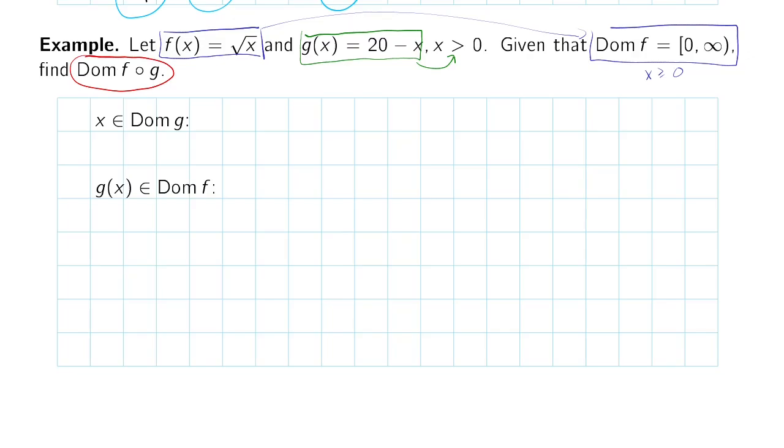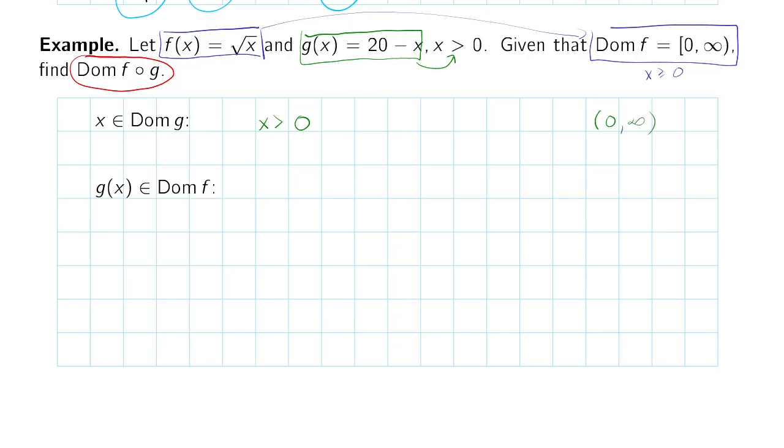Okay, well, to be in the domain of f composed with g, we need to do two things. First, we need to be in the domain of g, right? Because g is the function that's applied first. And we're given what the domain of g is. We're in the domain of g if x is greater than 0. And so that'll be the interval 0 to infinity.